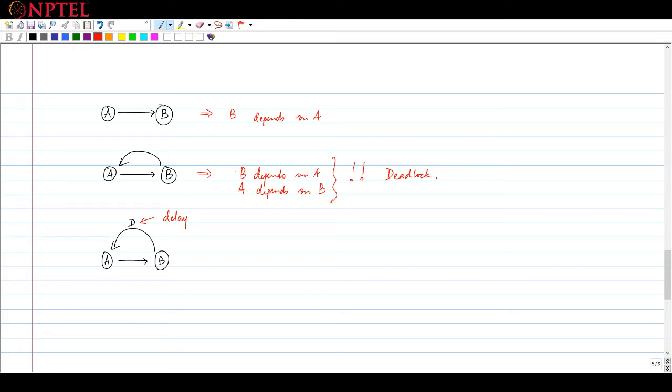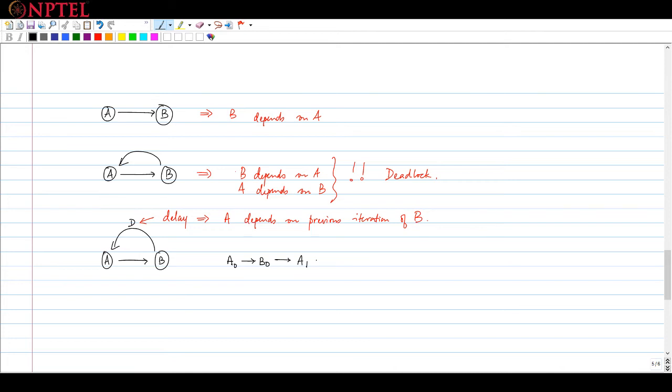Effectively what it says is, now A depends on the previous iteration of B, right? Which means that if I write out my dependencies explicitly, from A0 I have a dependency to B0, but from B0 I have a dependency to A1, not to A0. Okay, so that is valid.